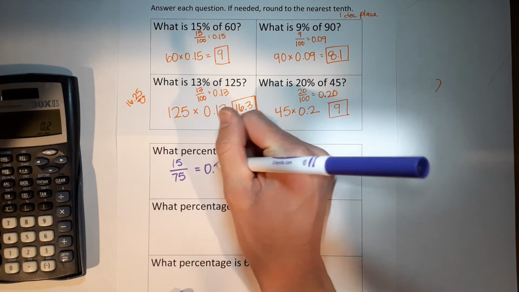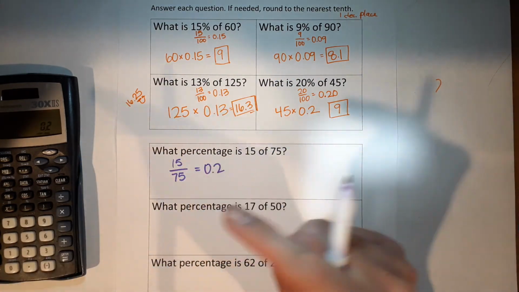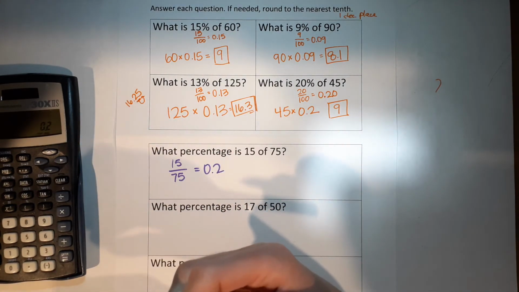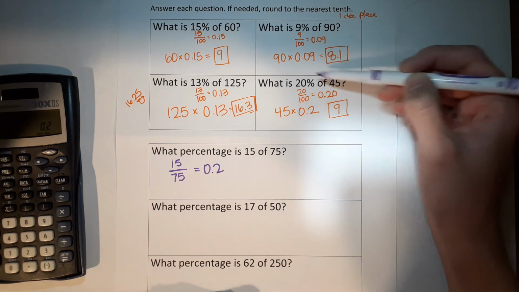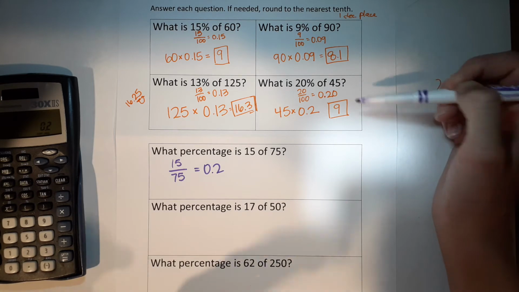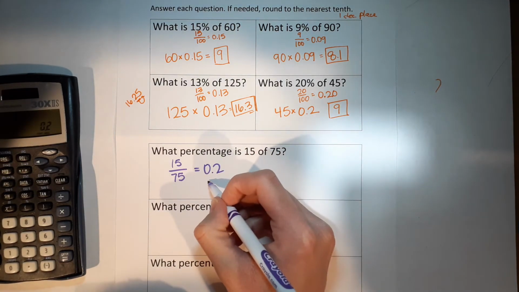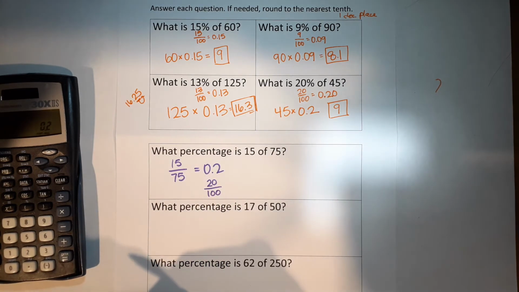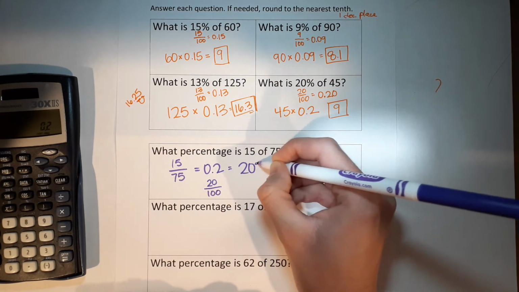Well, that doesn't look like a percentage. Well, what is 0.2 as a fraction? Oh, look, I didn't even plan this, but this works out well. Yay me. Remember up here where 20 over 100 was 0.2 or 0.20? So 0.2 is 20 over 100, which means 20%.